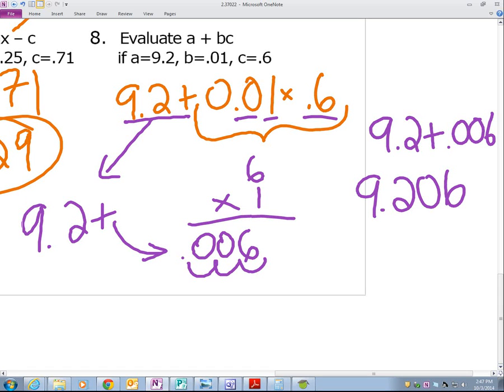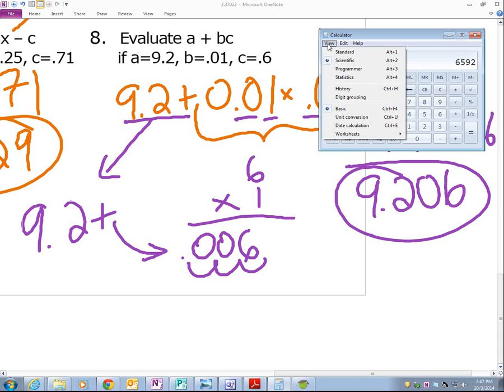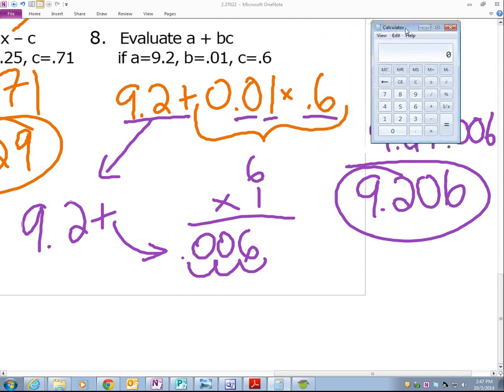And there's an announcement. We don't have any variables left. This is the correct answer. Let me check myself, because this is not a test, so I can make sure that I'm doing this correctly. So we have 9.2 plus 0.6 times 0.01. That's not what I meant to do.